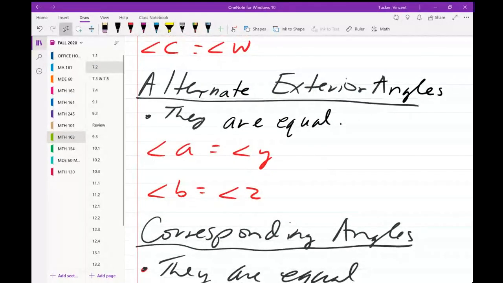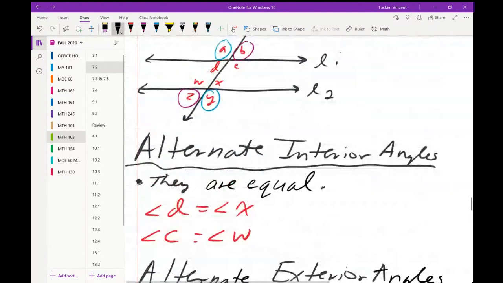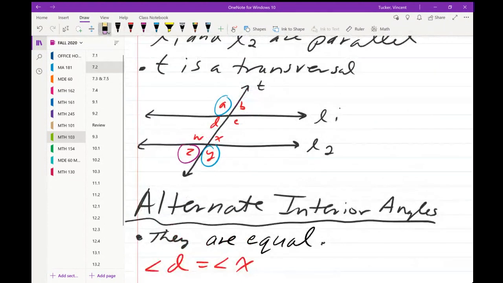Okay, so the last one, corresponding angles. Next one, corresponding angles, and we'll go back down in a second. Just want to give you the visual.